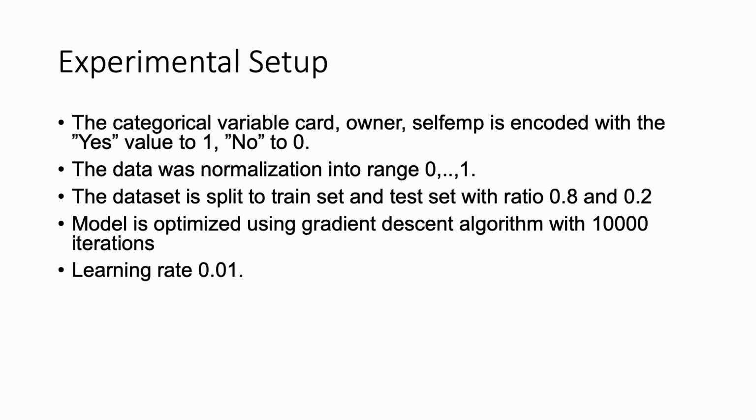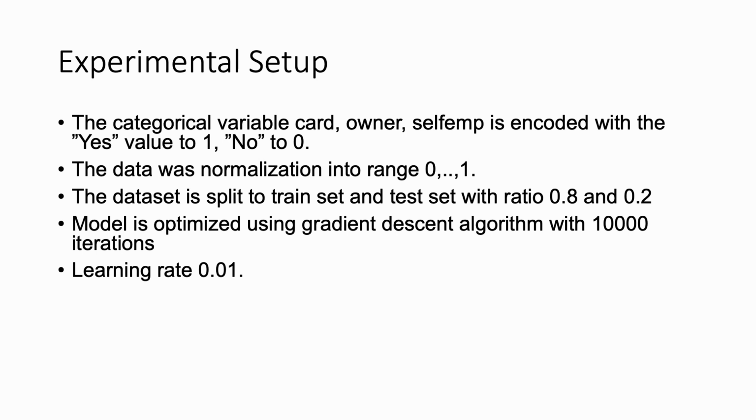For training this model, first I use some preprocessing. The categorical variable card owner is encoded, with yes and no mapped to the values 1 and 0. The data will be normalized to the range 0 to 1.